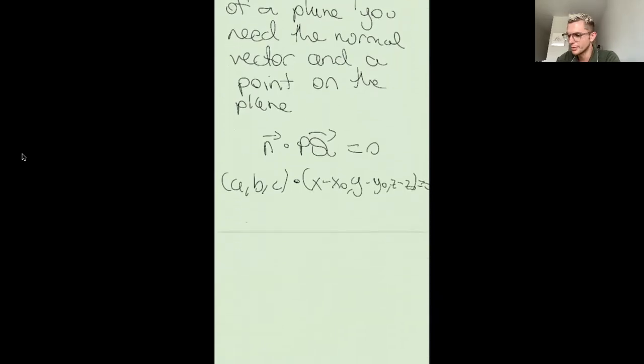And then you just do this dot product, so you get a times x minus x naught plus b times y minus y naught plus c times z minus z naught equals 0. Is that making sense? So that's what you get by doing the dot product, right?